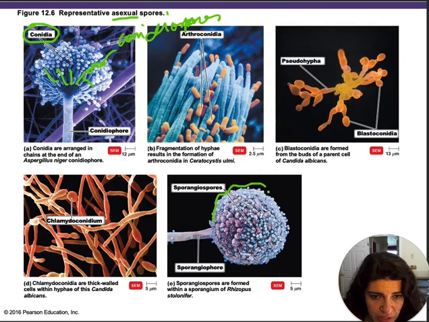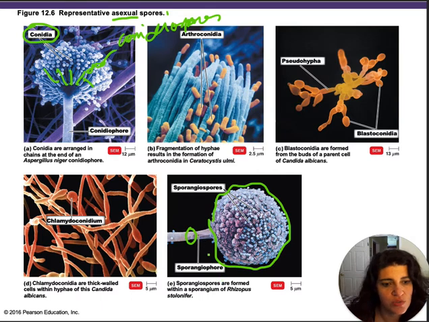This is a sporangiospore. So you have a sporangium, which is what I'm circling here, and the sporangium is connected to the hypha. The hypha that you have here is what they call the sporangiophore. It's like the stem that holds that sac.